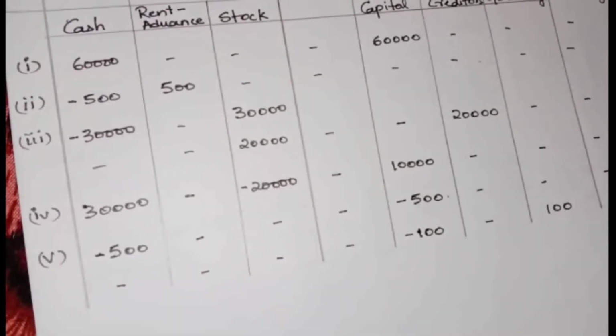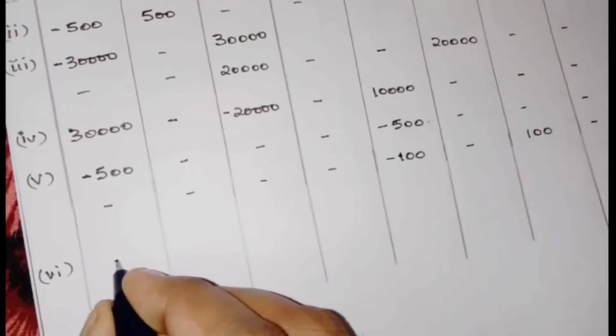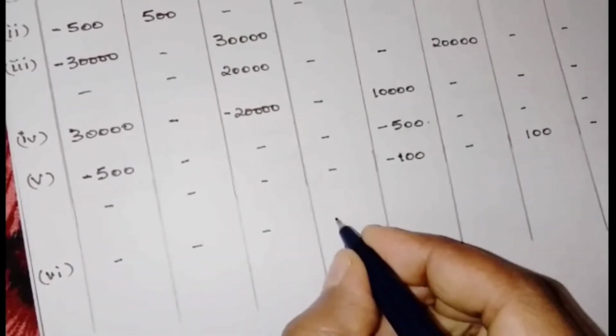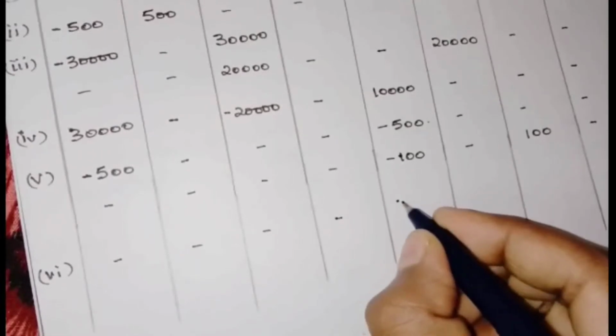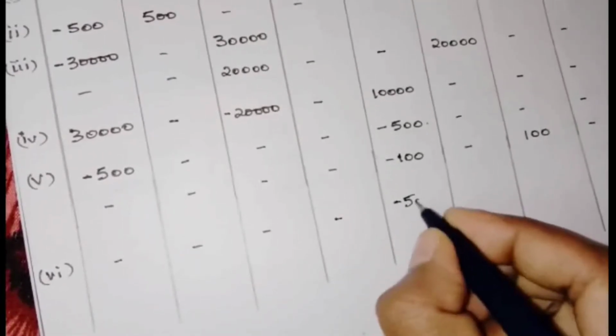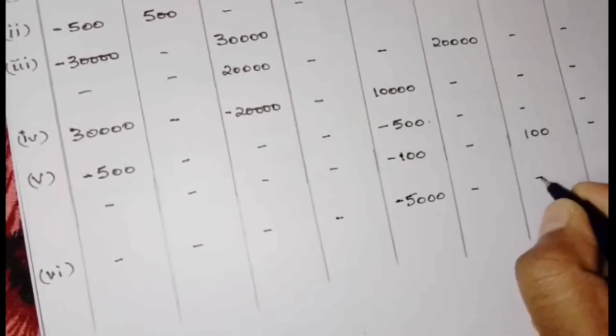And salary outstanding. Salary outstanding is a liability to the business, so add up the liability by 100 and deduct that amount from the capital account. Okay, next one, bought motorcycle for personal use, that is rupees 5,000.